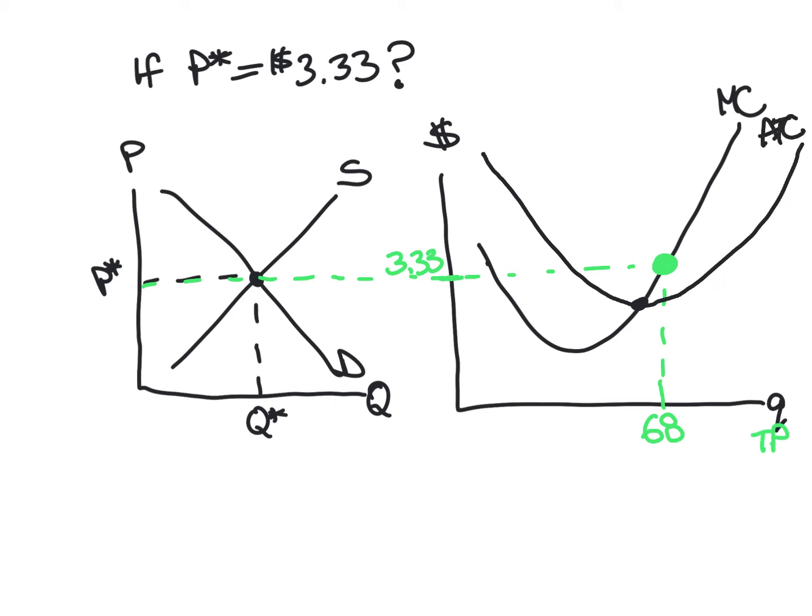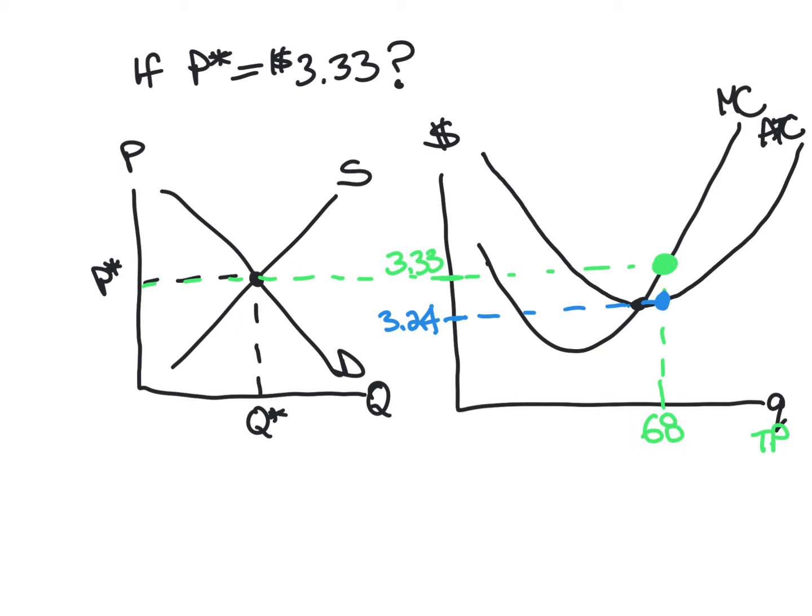And for this particular scenario, we don't need to include the average variable cost curve because we'll see here that we're making positive profits. So at a level of production of 68 units, average total cost is right here. And when we look at our table of numbers, we see that average total cost equals $3.24 when the producer is making exactly 68 units.